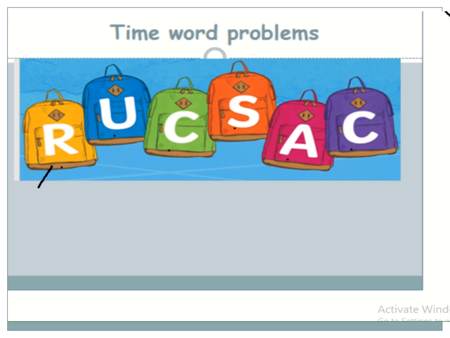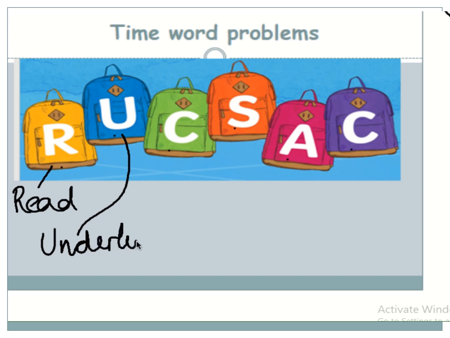So R, read. Read the question carefully. U, underline. This helps us understand what the question is asking us to do. So underline and understand.